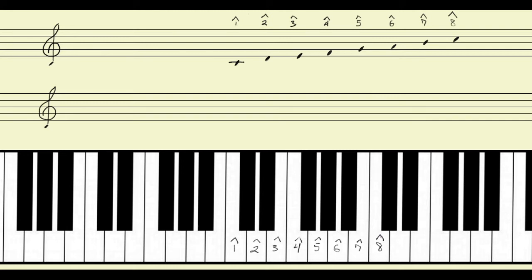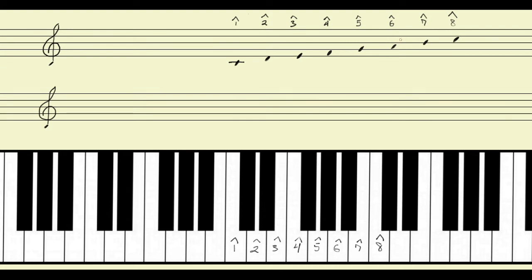Now remember what we did in the example of All of Me. We shifted the tonic from scale degree 1 to scale degree 6. Now what happens if we do that same thing in the key of C major?